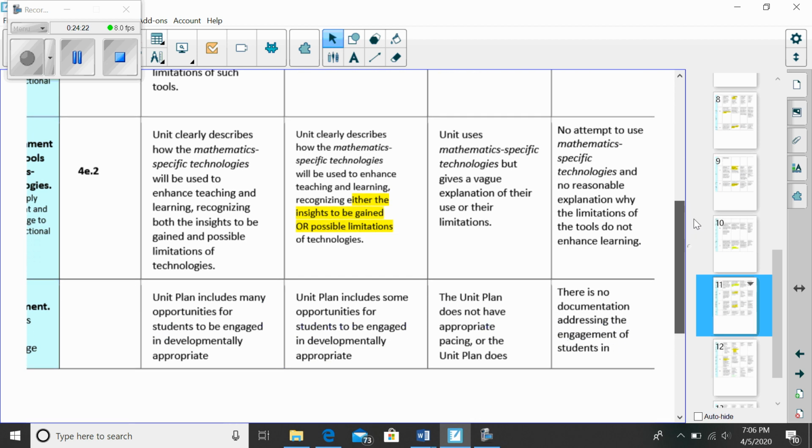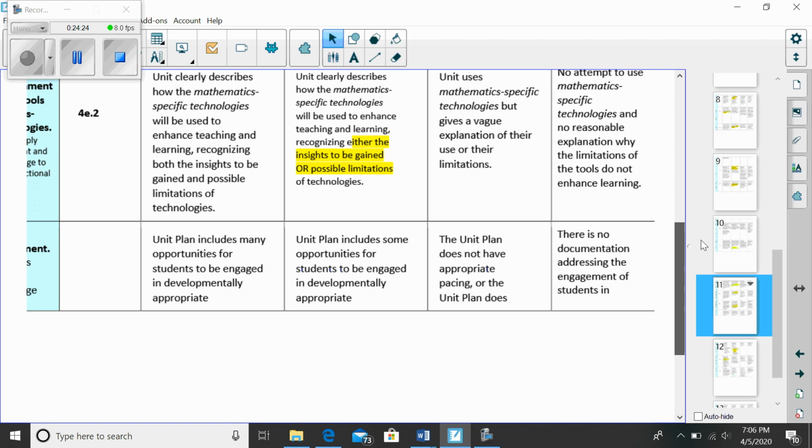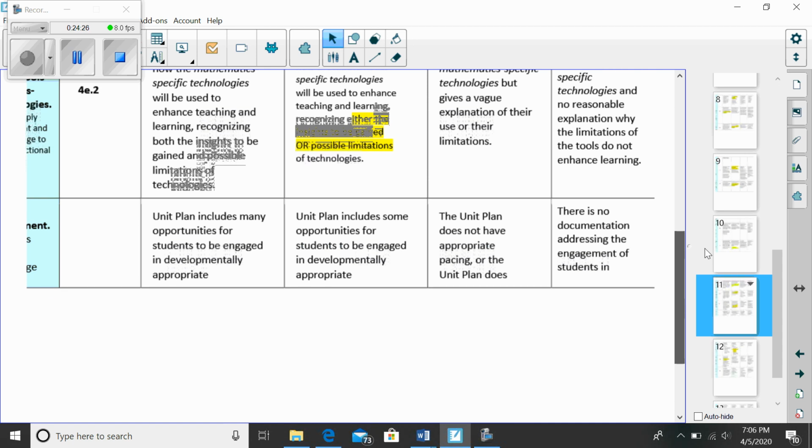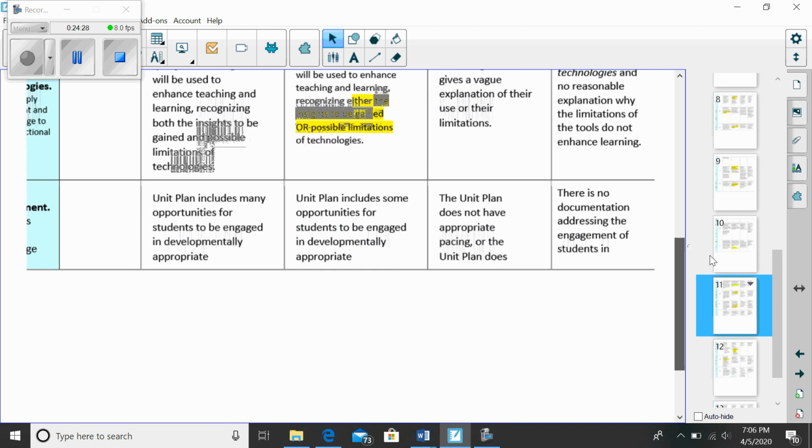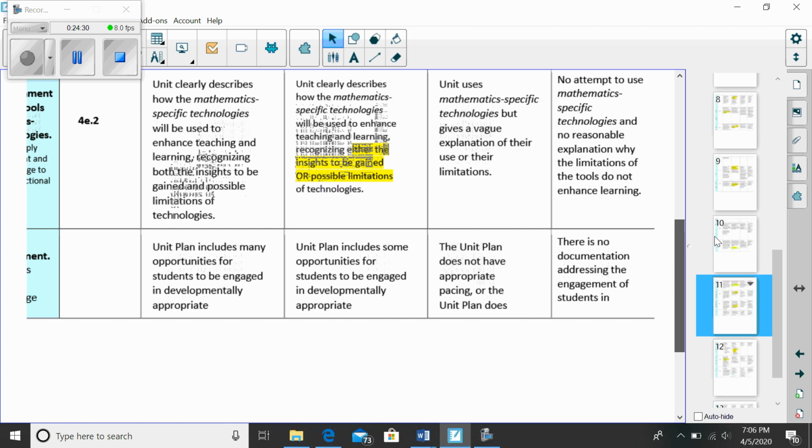Now, when you talk about the mathematical technology that you use, this is something you're going to have to describe next fall when you do your technology lesson. You have to talk about both the pros and the cons of technology. What was gained by using technology, but then what were the limitations, right?